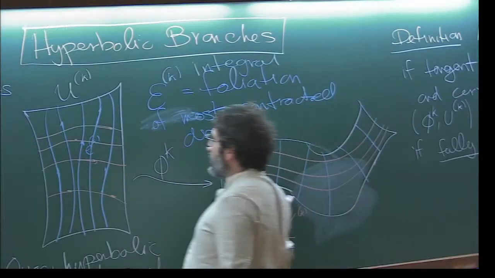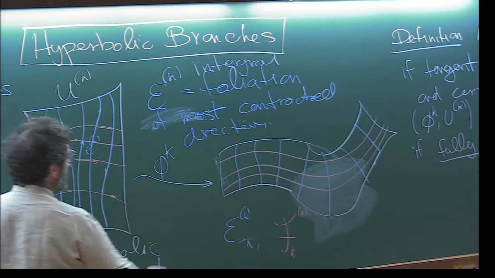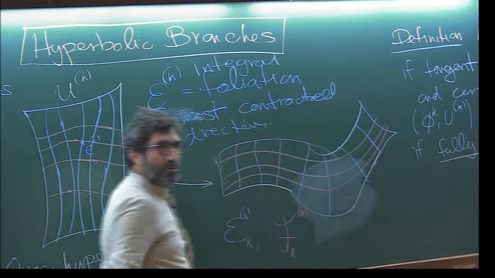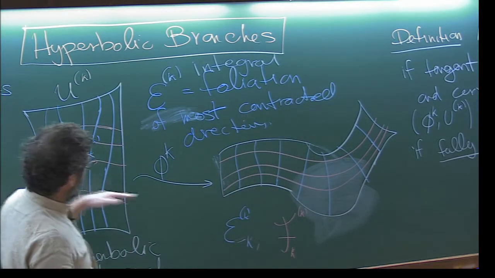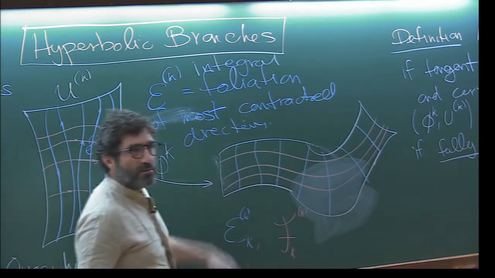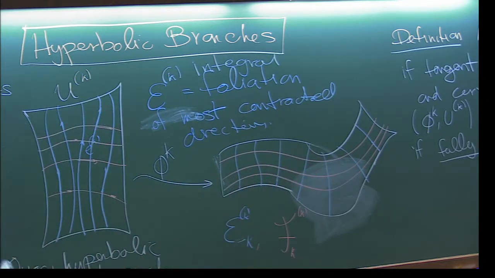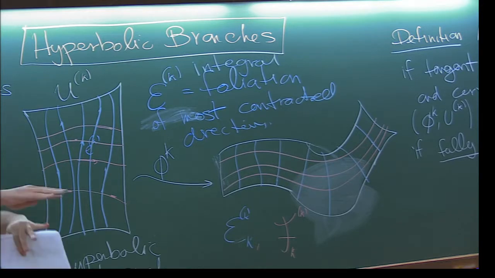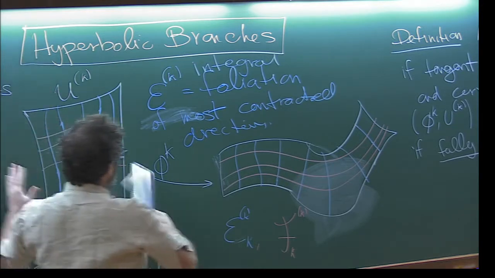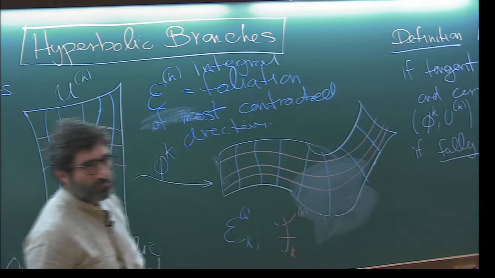F k, the image. So we look at this branch because the fact that these are admissible doesn't mean that this image cannot be doing all kinds of things. So we want also the image to have horizontal leaves. So it's basically just going horizontal to horizontal. This is just shrinking, hyperbolic, and it stays horizontal.